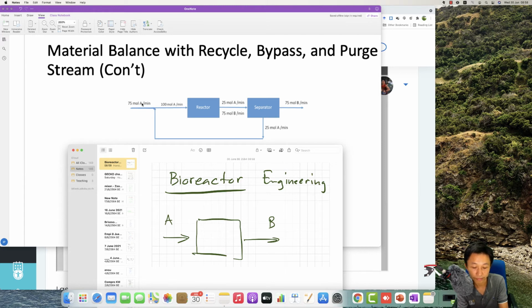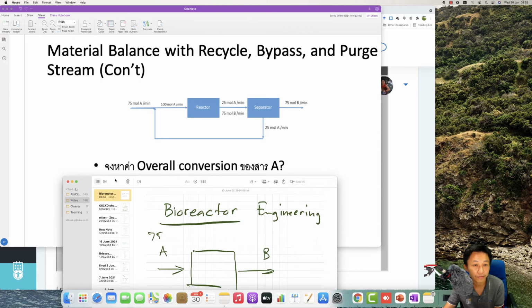75 mole of A converts into 75 mole of B. So you have 100% overall conversion. That's it.